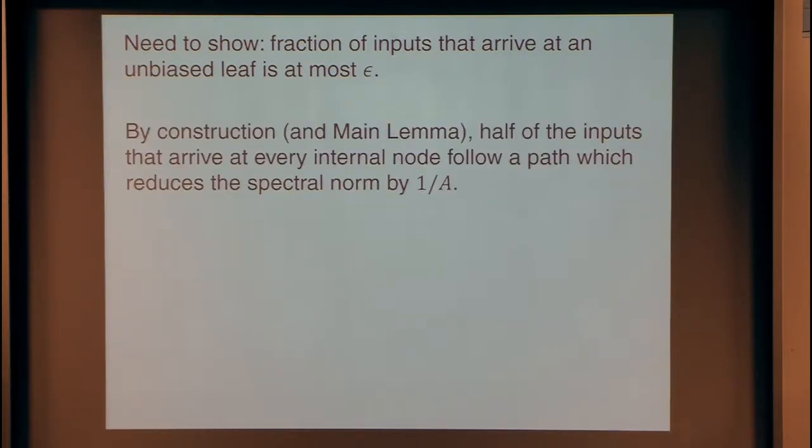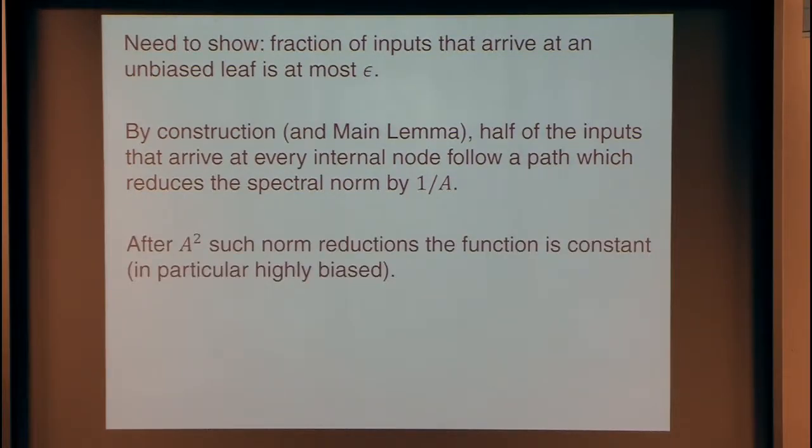So again, let's figure out what's going on here. On every internal node, half of the inputs follow a good path, where the norm drops by 1 over a, and half of the inputs follow a maybe not good path, where I don't know what happens. Obviously, you can't follow more than a squared good moves, which reduce the norm, without arriving at a constant function, because you begin with a and it drops by 1 over a on every step.